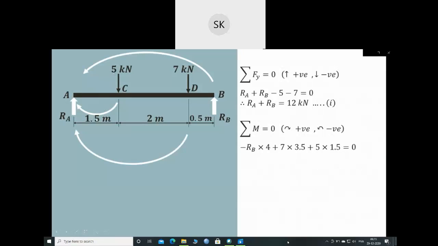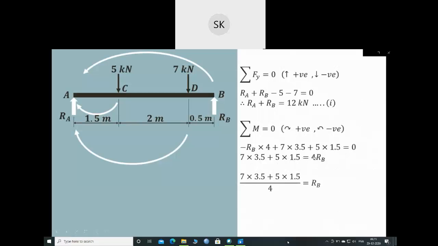So it is 5 into 1.5, and that summation is equal to 0. Now transfer this negative term. So minus RB into 4 is transferred to the other side. It will become 4 RB, and that is positive. This 7 into 3.5 plus 5 into 1.5, we have kept as it is.